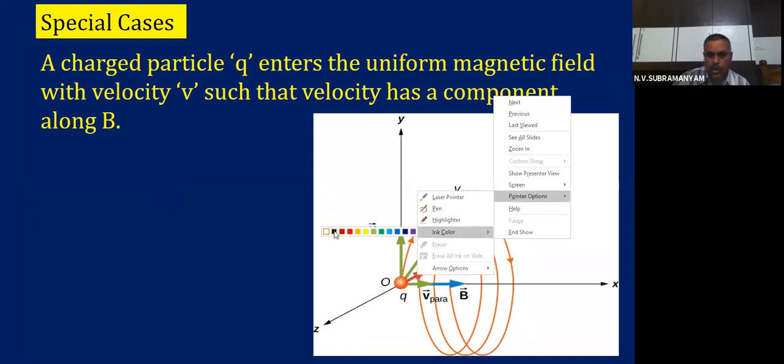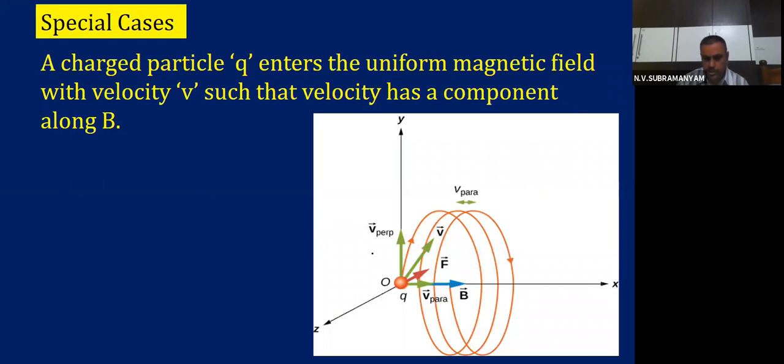So I am coming to the last and final point of the webinar session for today. This is the direction of the magnetic field. See carefully.